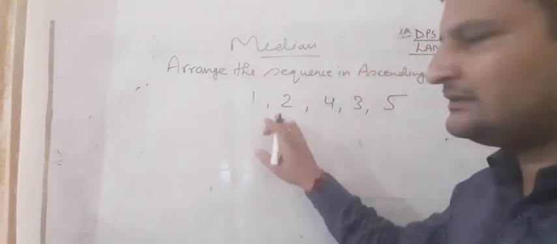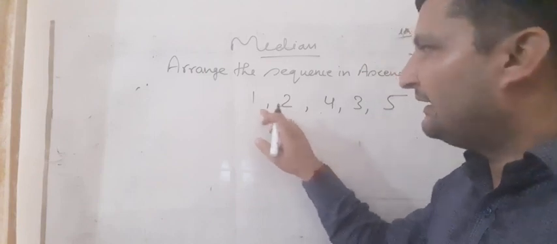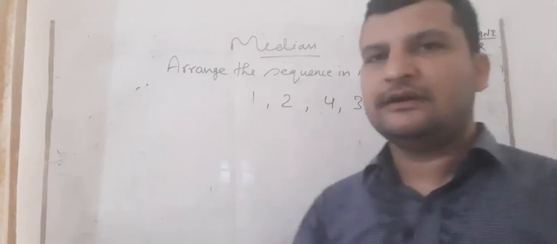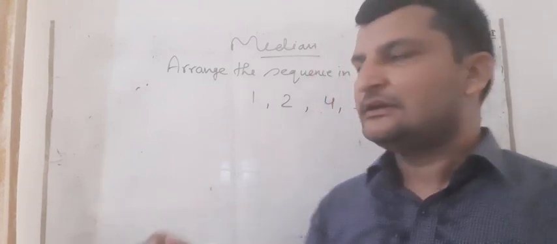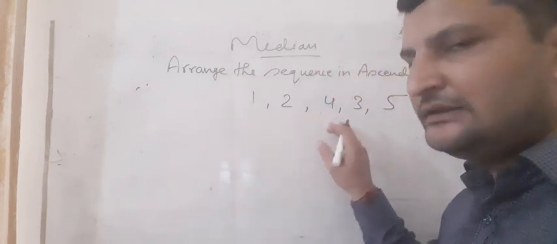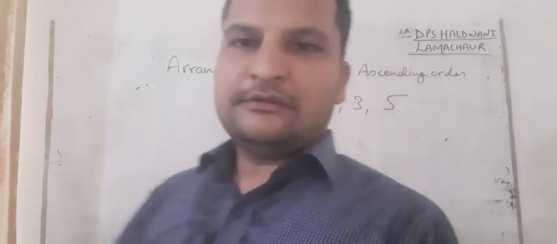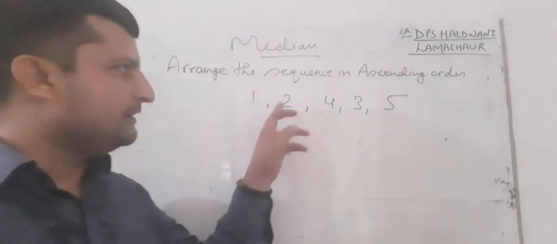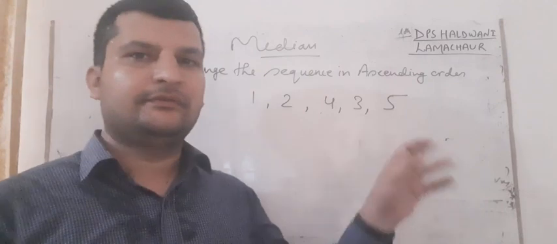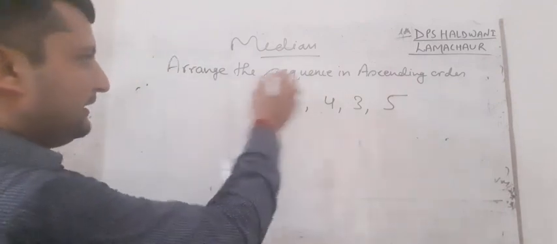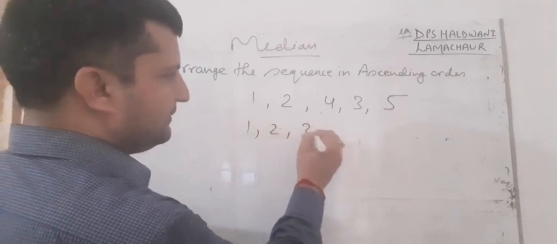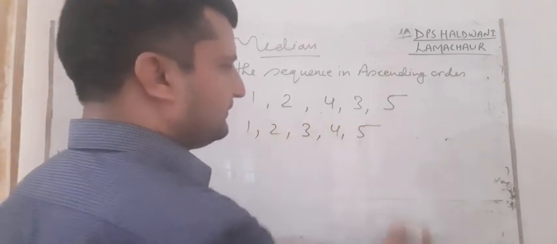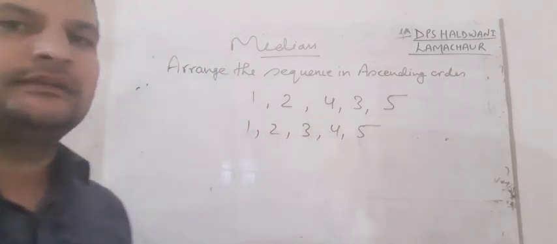It is compulsory to write the series in ascending order, because we are finding the n upon 2th term and the n upon 2 plus 1th term. So when we arrange the sequence, it will be 1, 2, 3, 4, 5. We have arranged the sequence in ascending order.